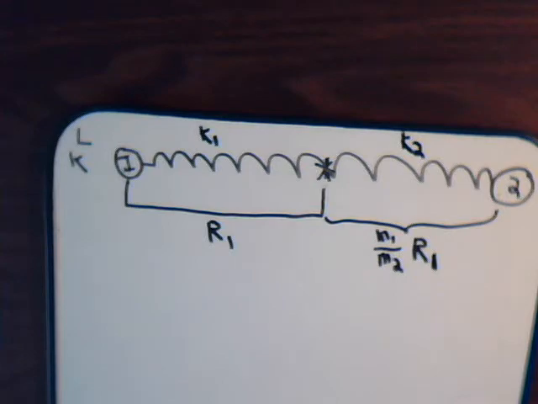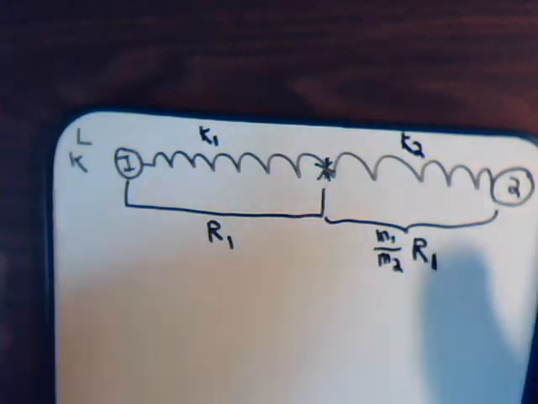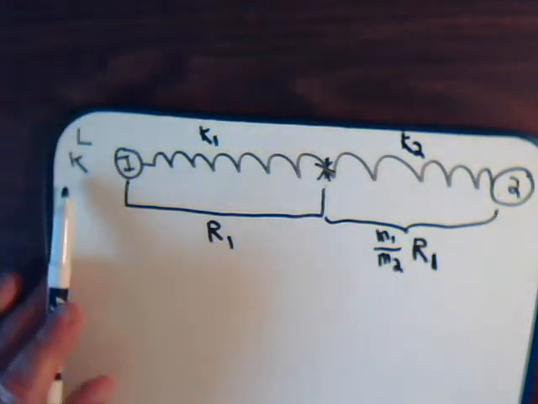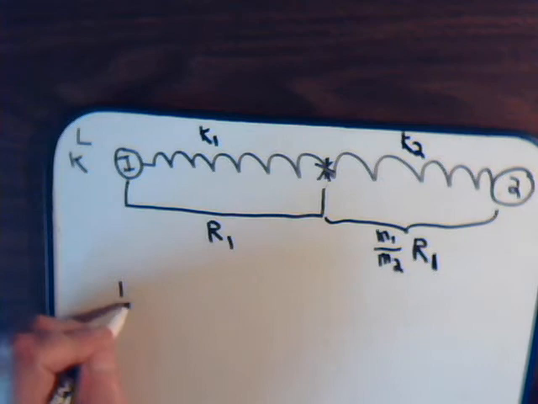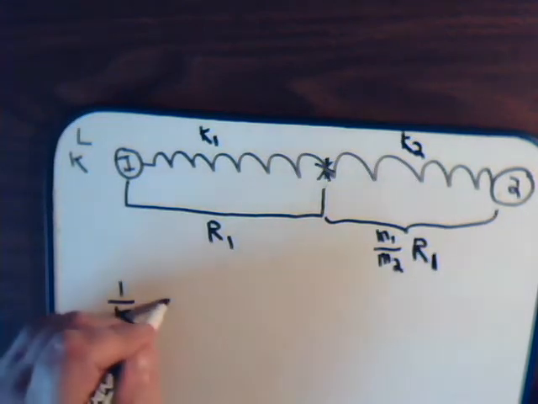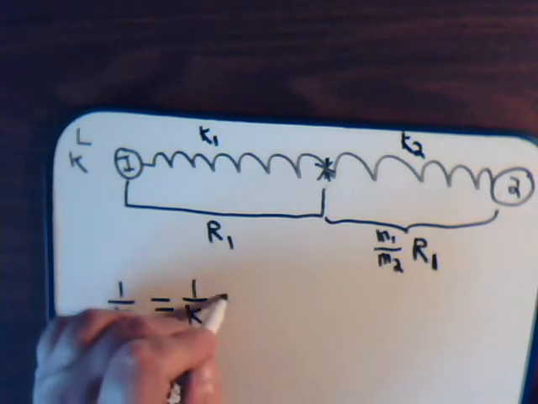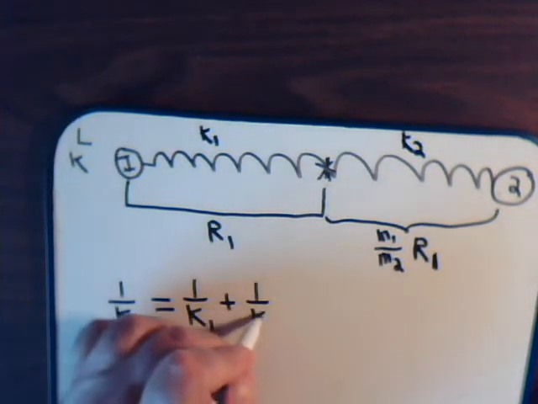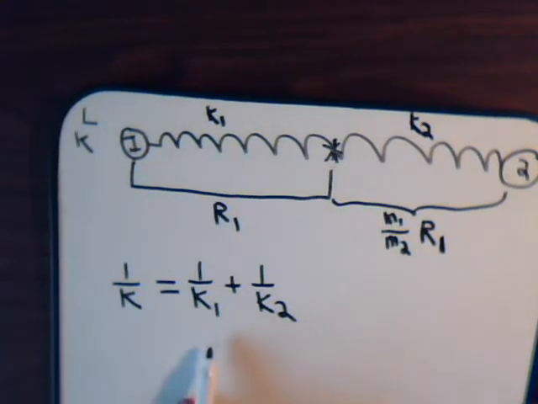And what we showed is that when we have springs coupled together in series, the reciprocal of the spring constant for the entire length of the spring equals the sum of the reciprocals of the spring constants for the shorter springs. And we proved this in video 9.